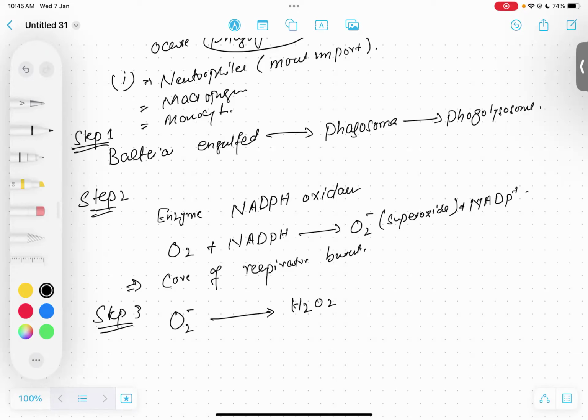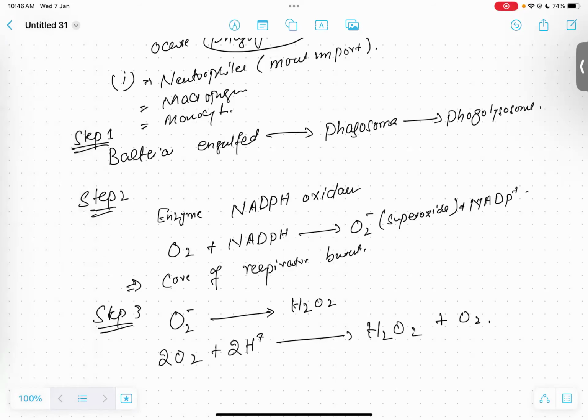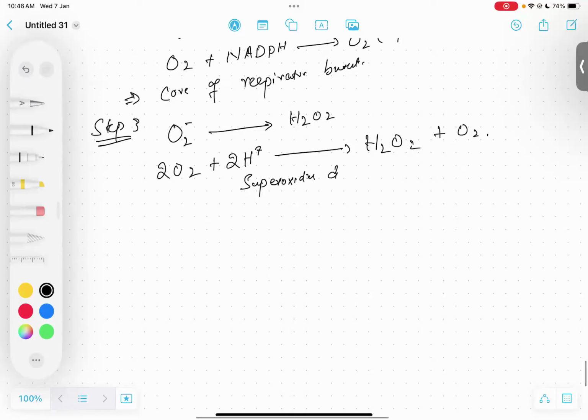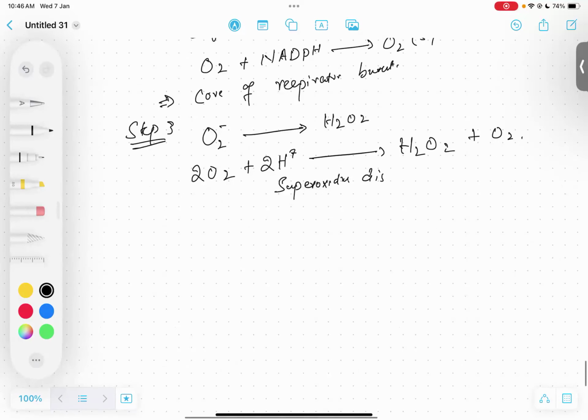This is the third step. So here 2 oxygen along with 2 hydrogen will then convert it into H2O2 and O2. And oxygen are usually formed, and this is the third process, and the enzyme that is usually involved here is superoxide dismutase.